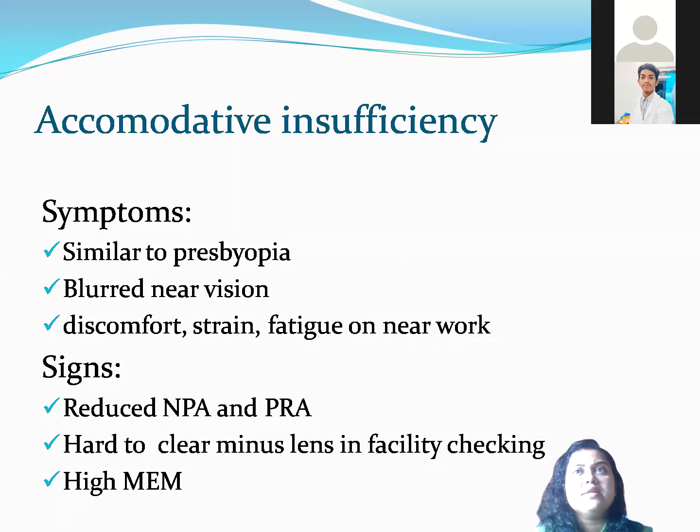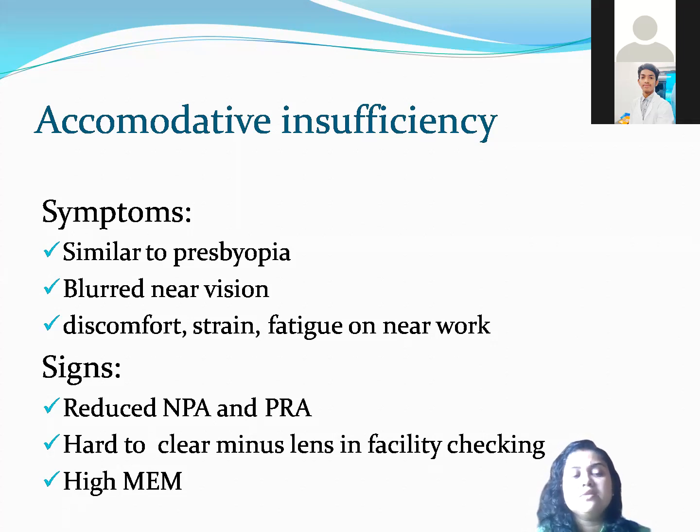Also, when we are doing NRA and PRA testing in accommodative insufficiency, the negative relative accommodation, the NRA value, will be normal. We test with plus lenses and see how much the patient can relax the accommodation, so NRA will be normal.